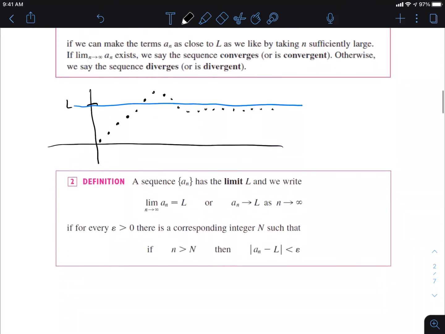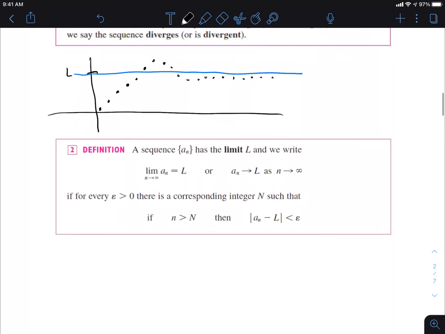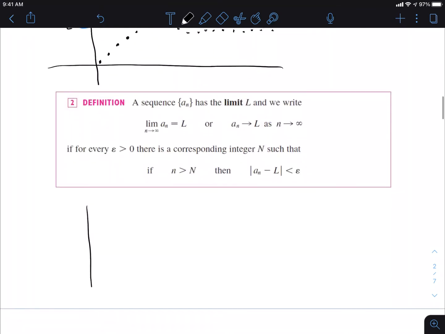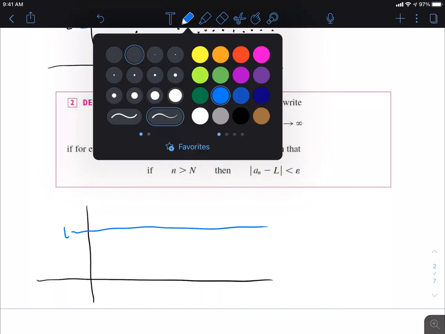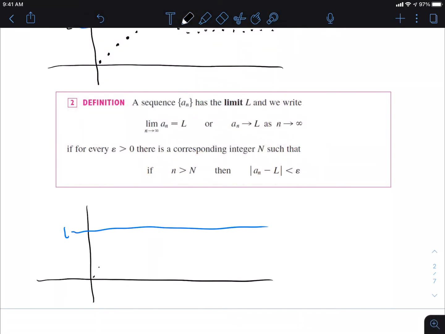All right. The next one is something that, if you took Calc 1 and your teacher taught you 2.4, the precise definition of a limit, it talked about epsilon error. And so what this is saying is this: we have that same graph with our limit L here, and I plot some points, trying to make it as close to what I had.